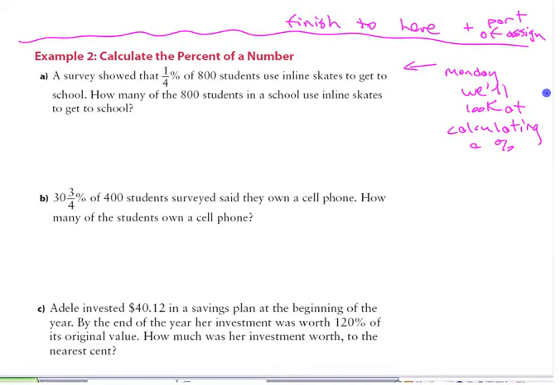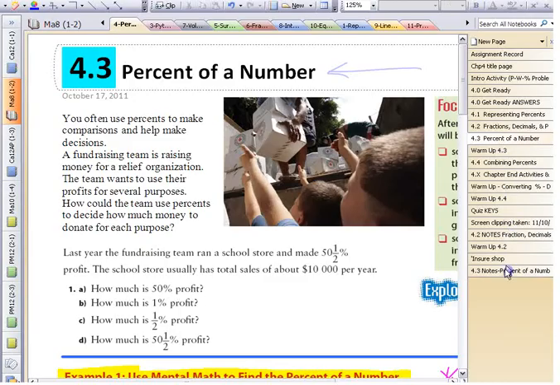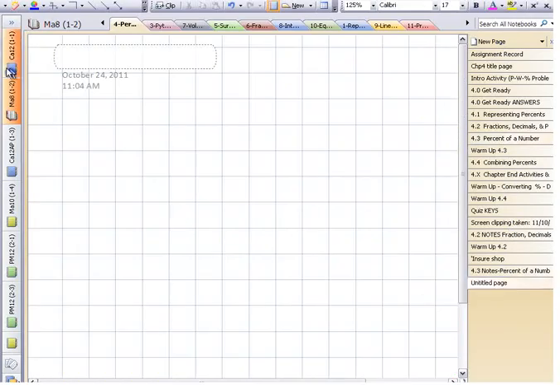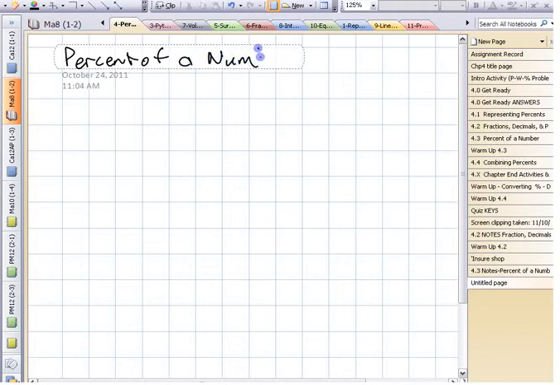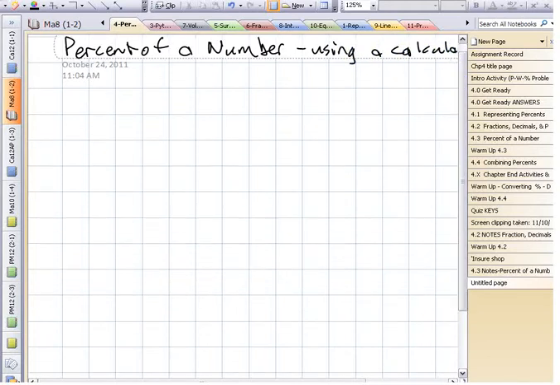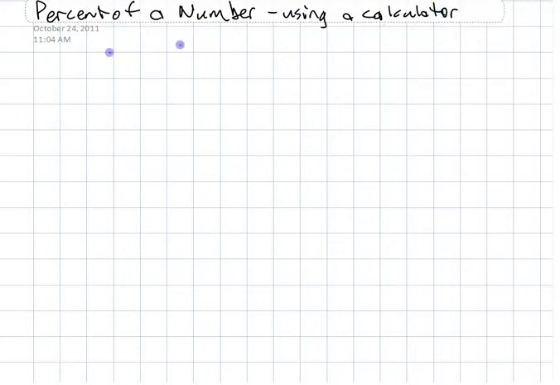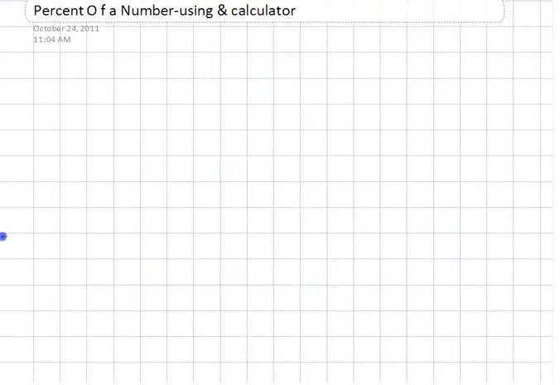First, let me start a new page here. Let's just do percent of a number with a calculator. All right, are we okay with that?